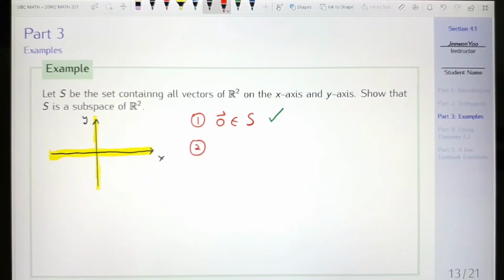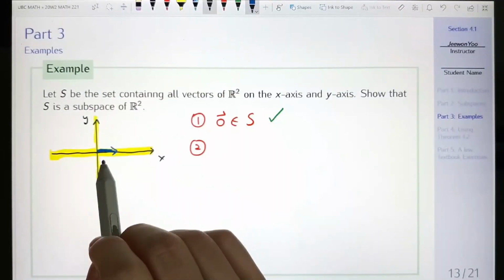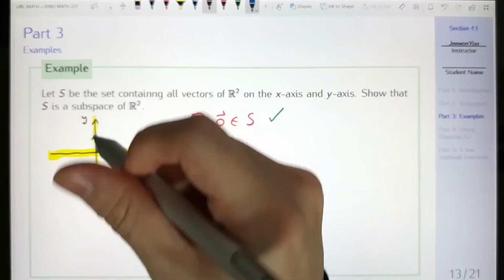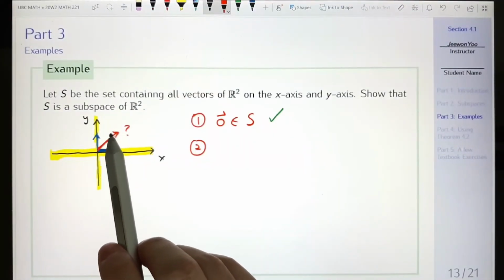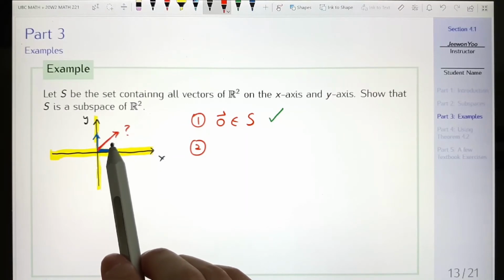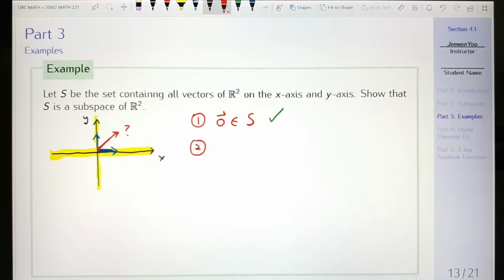Number two, we have a feeling that if you choose a vector here, choose another vector there, then do you think this vector, using the parallelogram law, lives in the space or out of the space?